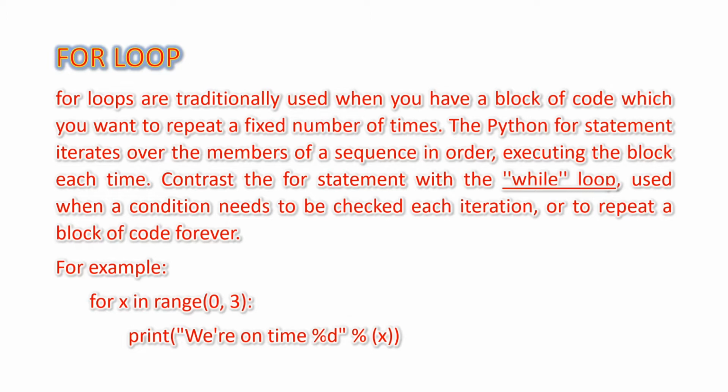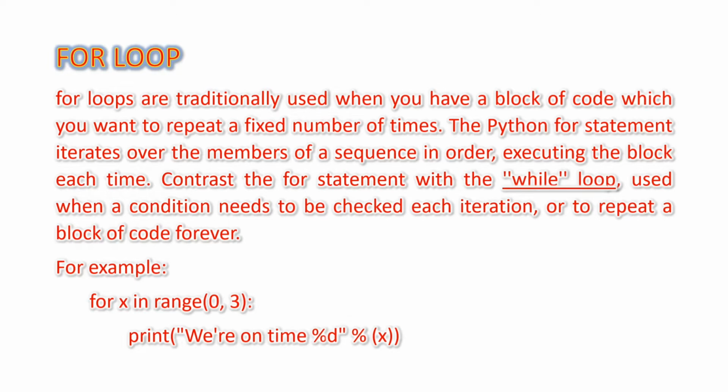In a for loop, you already know how many times a particular set of statements will be repeated. So in a for loop, we have a loop variable and a range, meaning how many times a particular set of statements repeats.